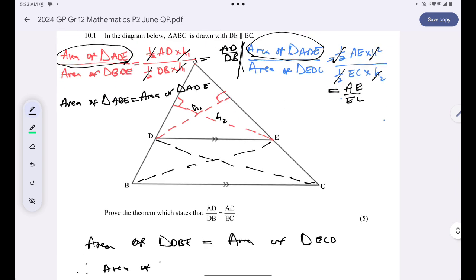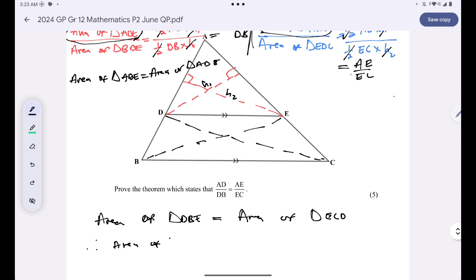So this thing simply means that the area of triangle ADE all over the area of triangle BDE will be the same as the area of ADE all over the area of triangle ECD, because we are dividing two things that are the same, right?